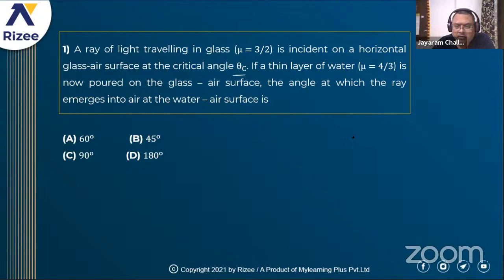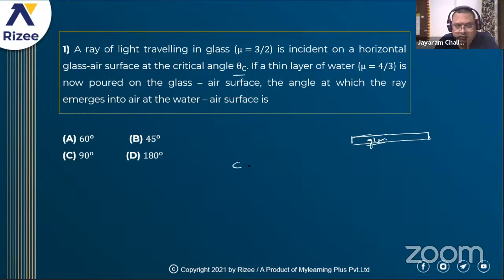That means, for example, let us consider there is a glass surface whose refractive index he has given as 1.5. So this is a glass surface, where the critical angle has been provided.